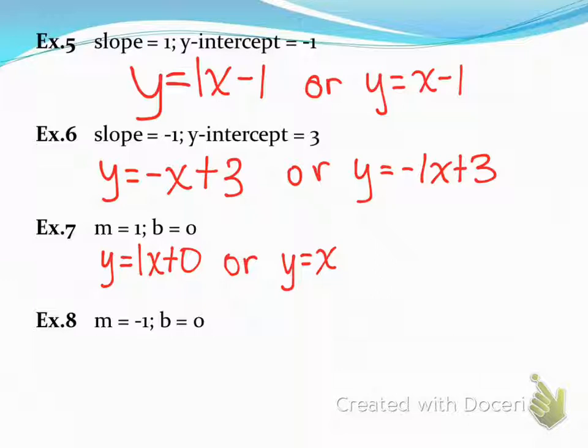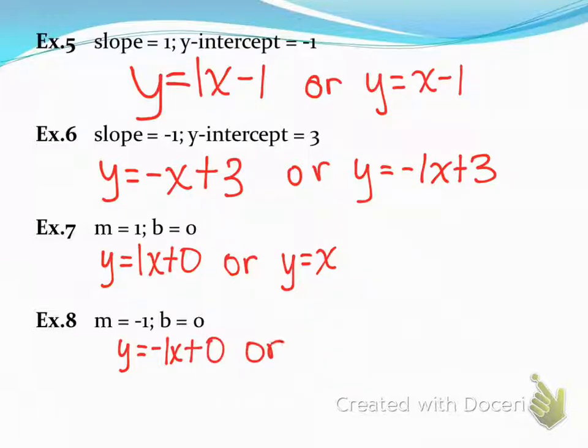All right, what about number 8? I'm going to have to start picking on people. Jakeem, what do you think? Negative 1x plus 0. Y equals negative 1x plus 0 will work.